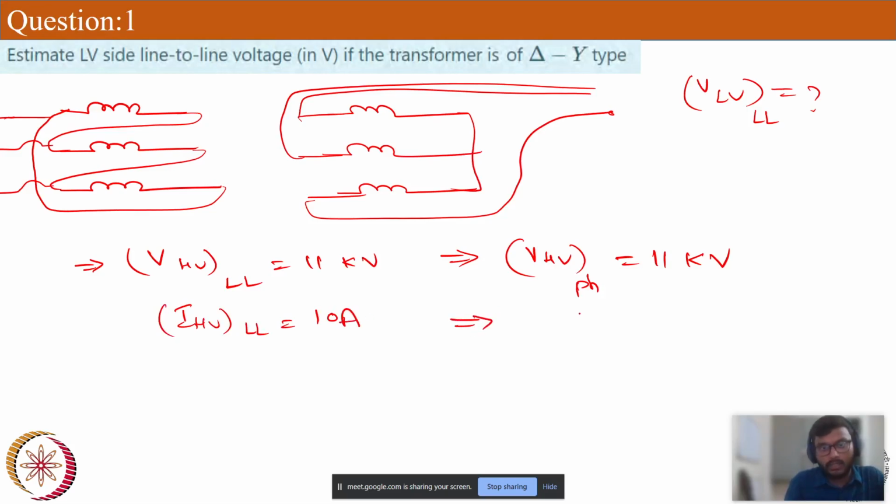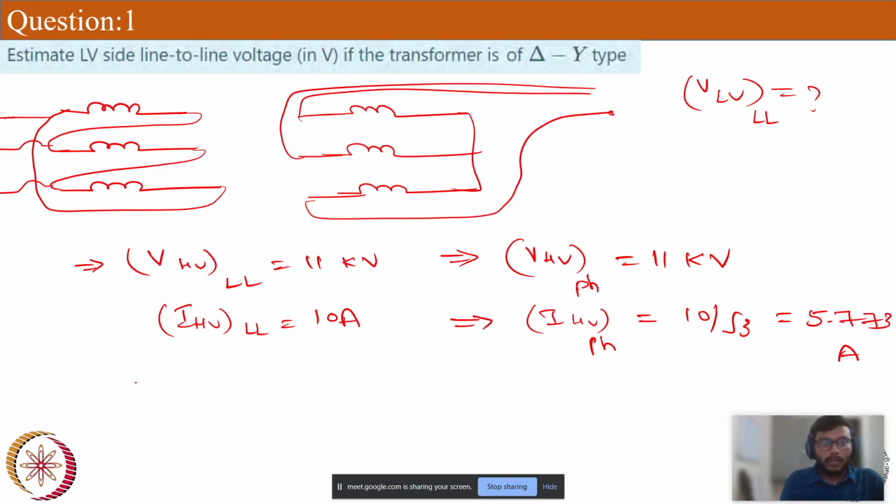So for a delta connection, my HV side phase current will be 10 by root 3, because in star and delta, phase and line are not equal. So how much is 10 by root 3? 5.773 amps.